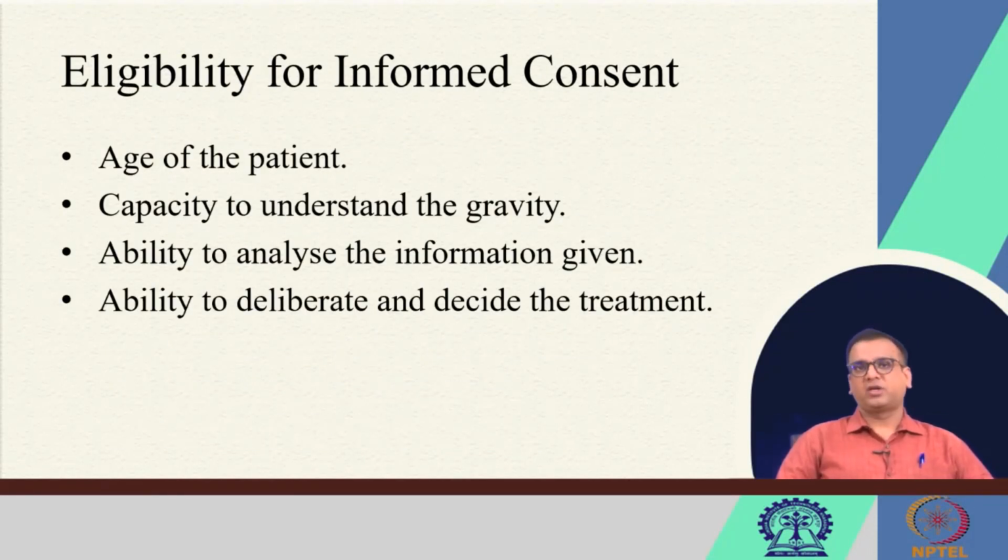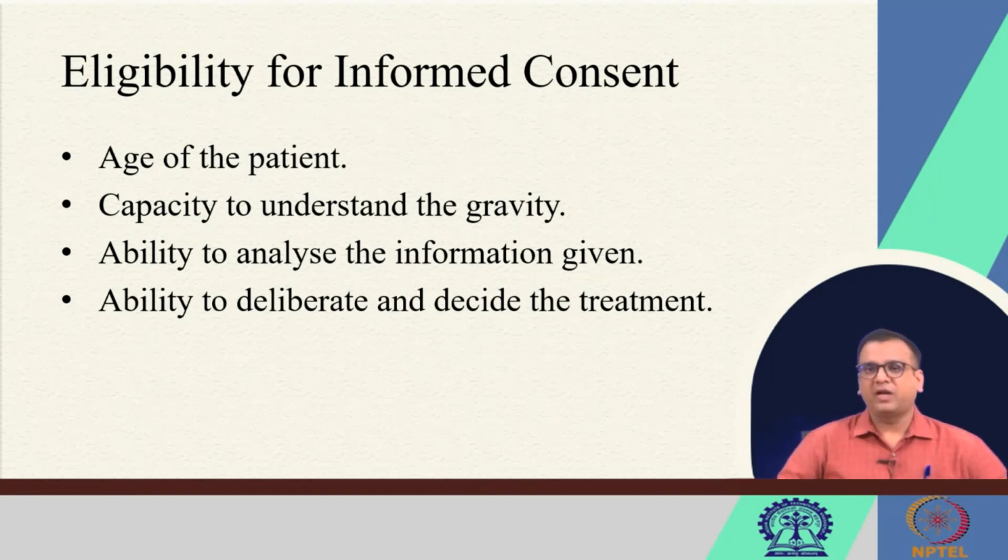Eligibility for informed consent. First and foremost is the age of the patient. Age should be more than or equal to 12 years. If a person is 12 years old, he or she can give consent for a medical examination. For any surgical procedure, if the age is more than 18, then he or she can give consent alone.